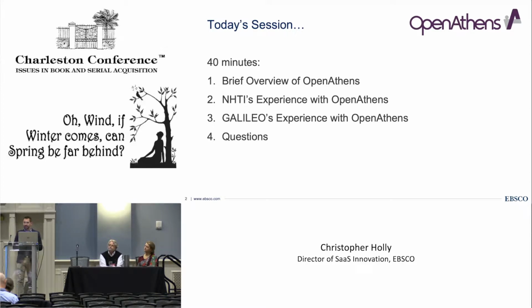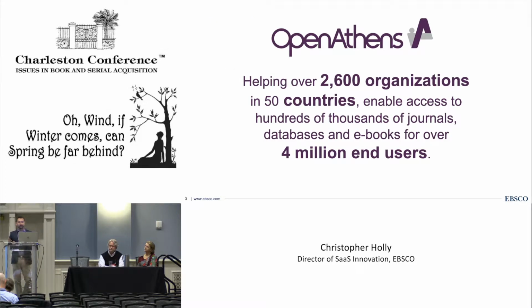So OpenAthens is used widely around the world. I think it's important to understand the scope and scale of the number of countries and organizations in which this software is involved. It is authentication software. And when I think about OpenAthens, I usually think about 4 key cornerstones with the product. How does it improve your user journey for your students, faculty, and staff?